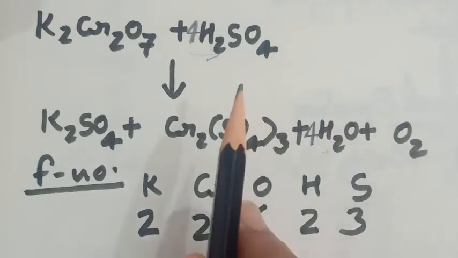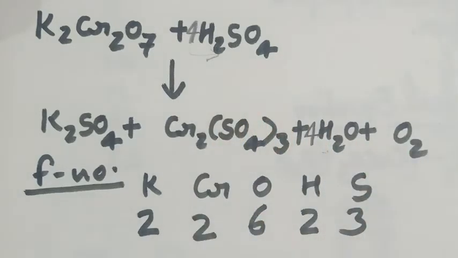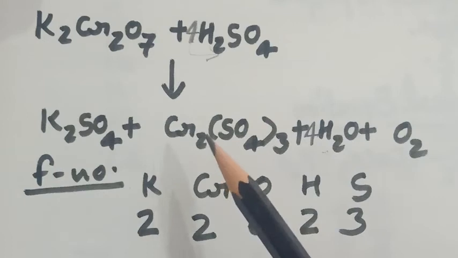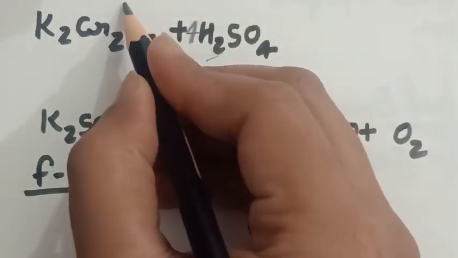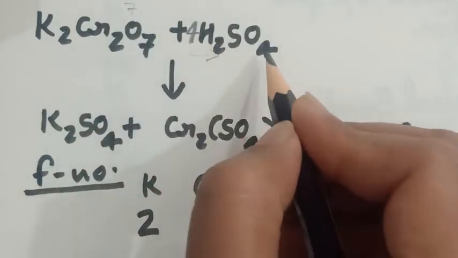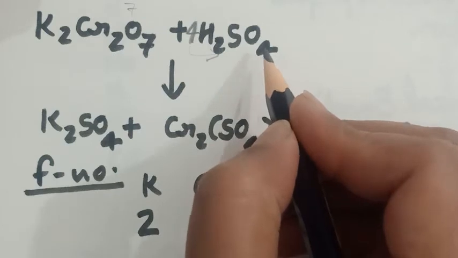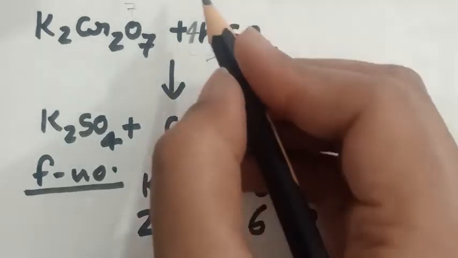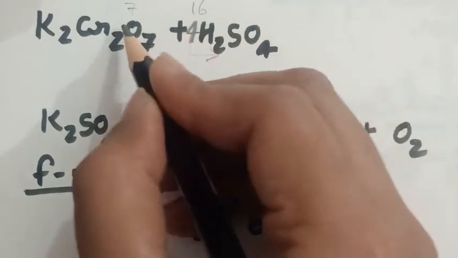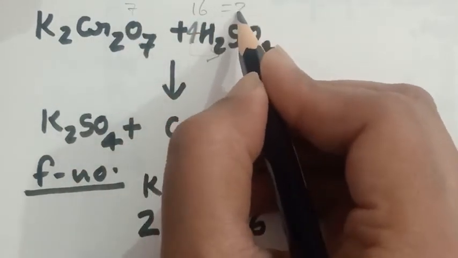Alright, now the time for oxygen. The total number of oxygen towards the reactant side is 7, plus 4 times 4 is 16, so the total number is 23.